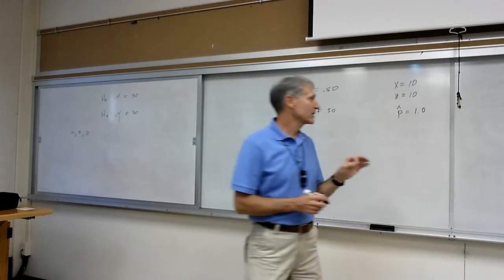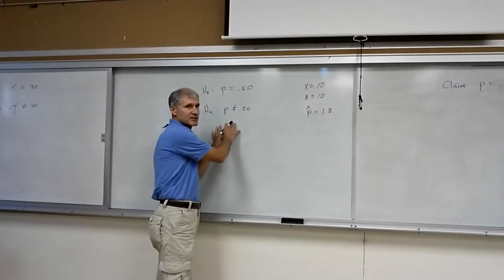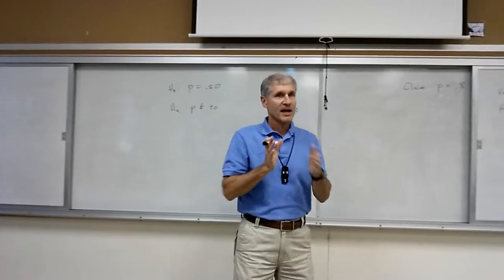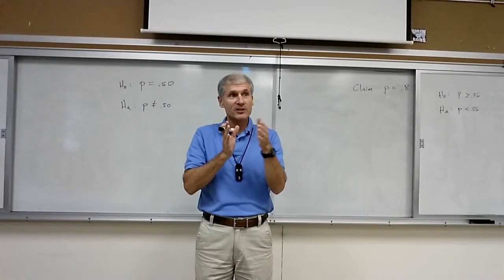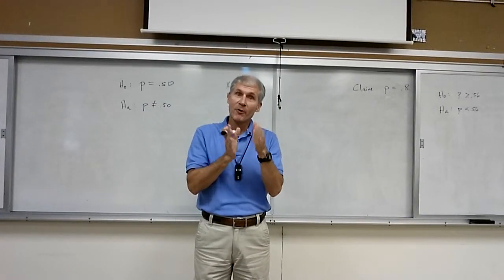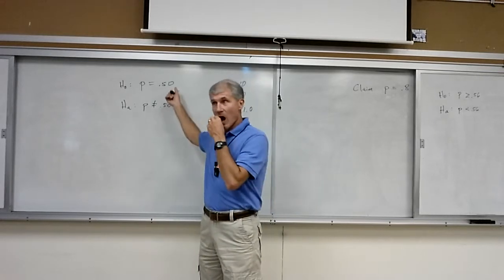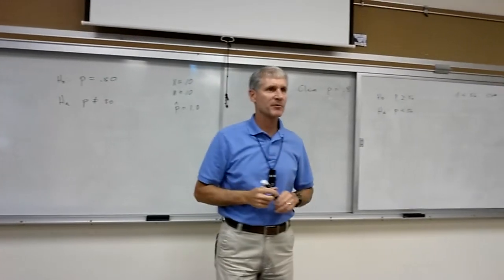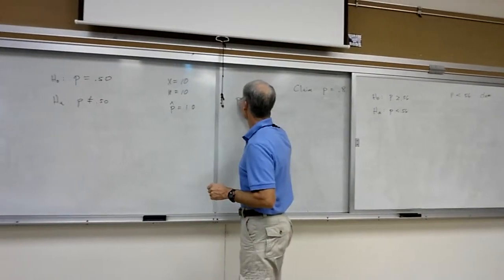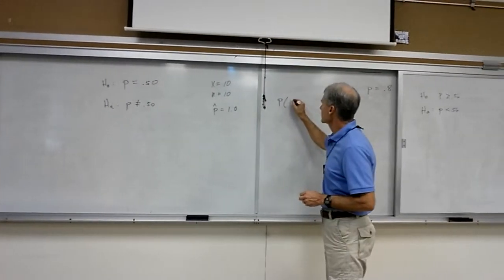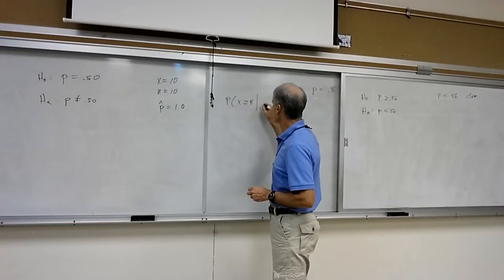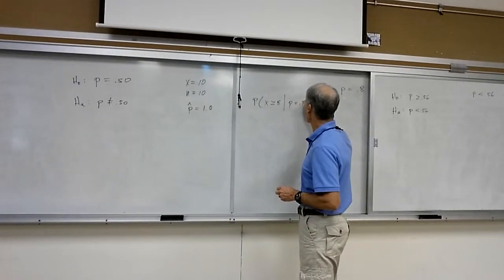So what we do when we do hypothesis testing is we set what's known as a rejection region. How many red cards in a row will it take before I reject the null? And you set that in advance, right? And it's based on probability. So what is the probability that you could get X of 8 or more given p is 0.5?